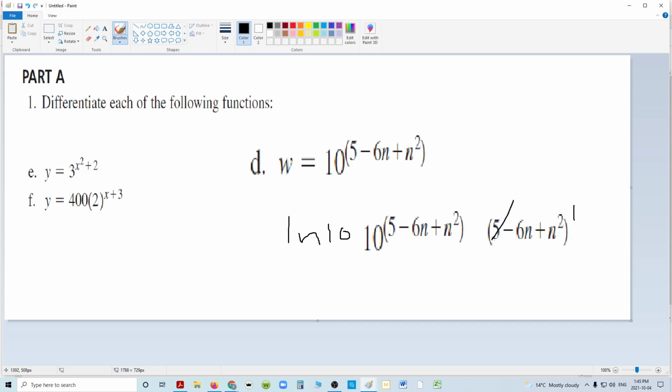The derivative of this, they've got it in the wrong order, but it's essentially minus 6 plus 2n. I'm going to rearrange it, just as if you rearrange this. It would come out to 2n minus 6, because I like to always put the biggest powers first. So 2n minus 6 is also a multiplier. So you can put that up front if you want. That's all there is to that.